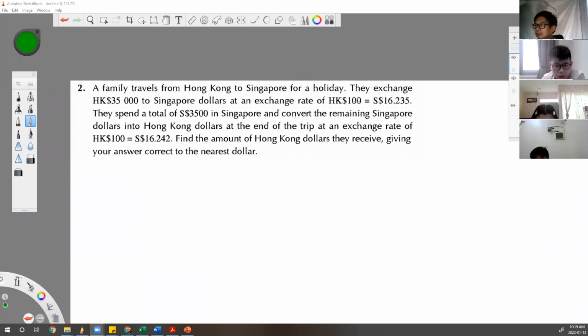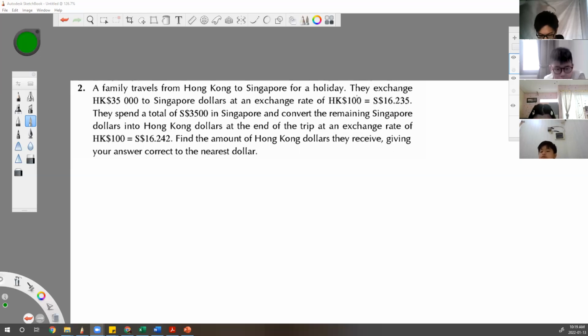A family travels from Hong Kong to Singapore for a holiday. They exchange Hong Kong dollars 35,000 to Singapore dollars at an exchange rate of Hong Kong dollars 100 equals to Singaporean dollars 16.235.